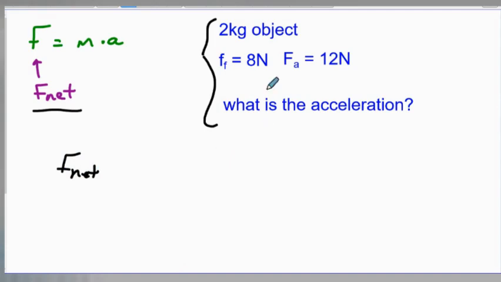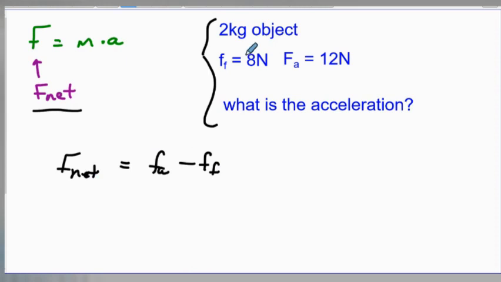Since I have my force of friction and my applied force, and we know that they're in opposite directions, we can solve that. Now, we have to be very cautious on how we do this in terms of our signs. I'm going to say that FA subtract FF gives us our F net.